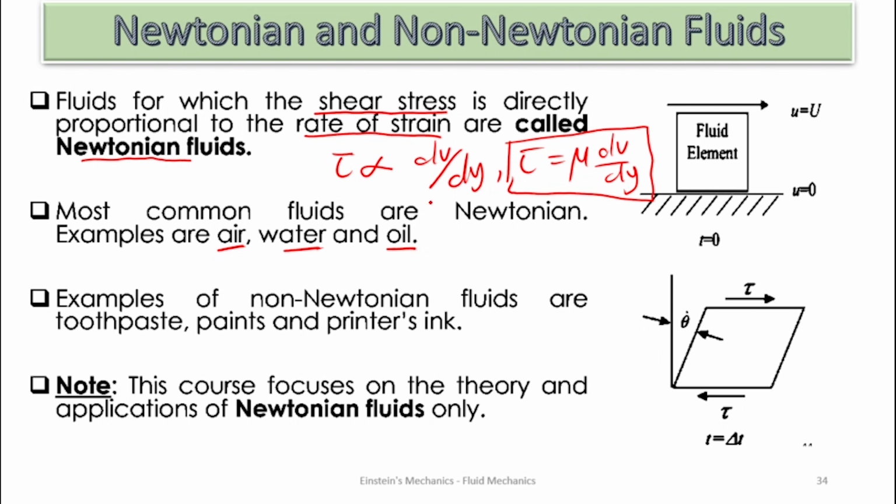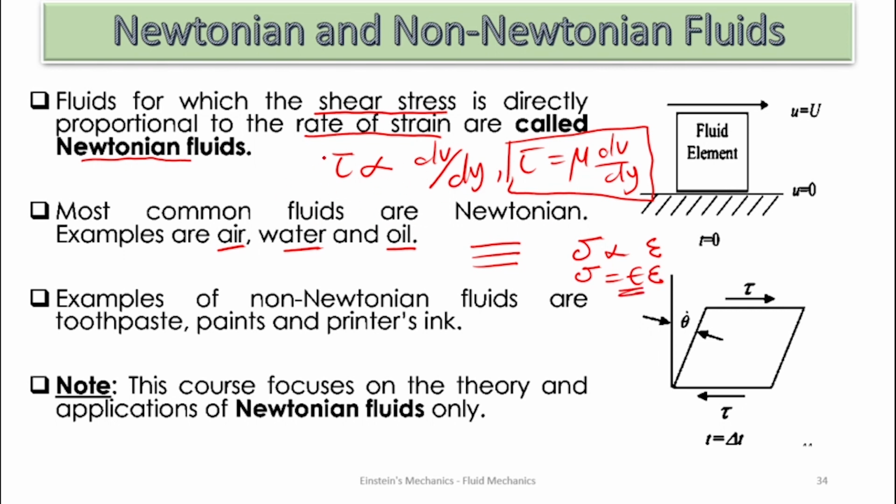Meaning, when you pour them, the shear stress causing the flow is proportional to the deformation made. From our basic mechanics, we know that stress is proportional to strain, and by Hooke's law, this will be equal to E times the strain.